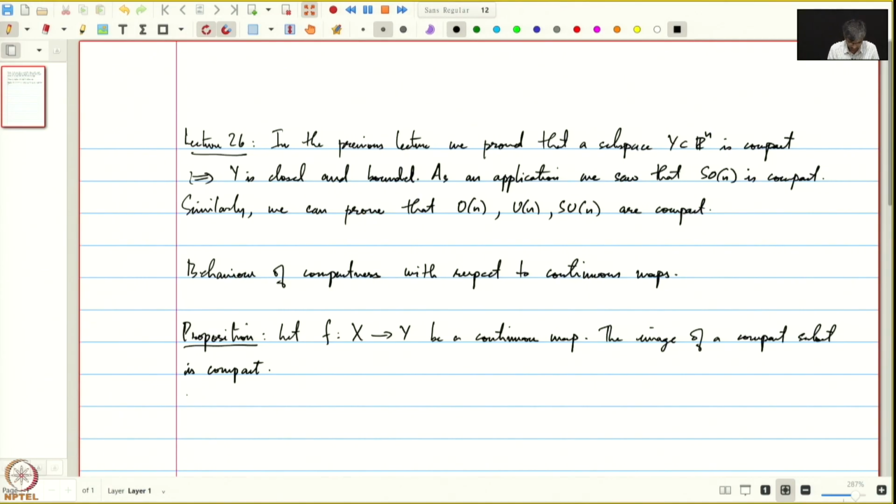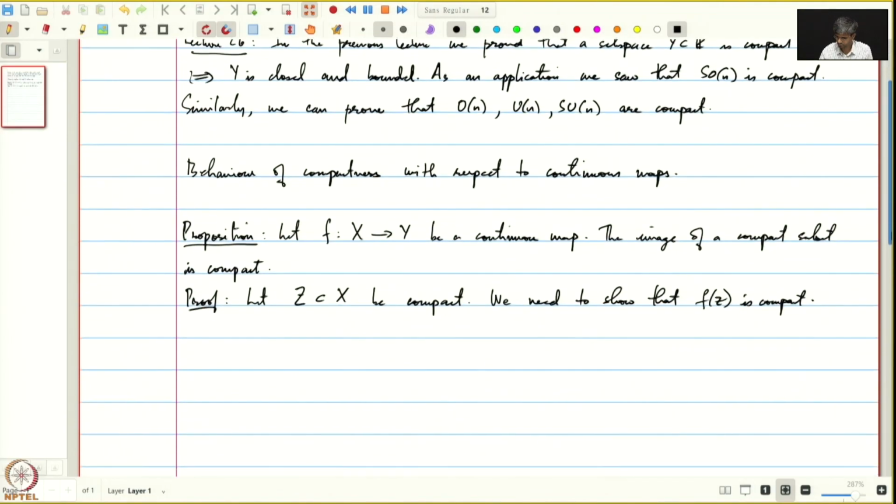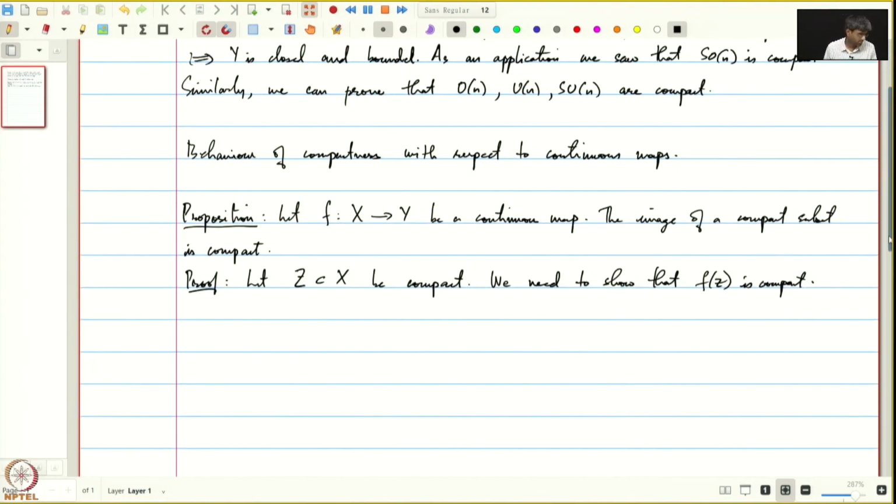Okay, so let's prove this. So let Z contained in X be compact. Then we need to show that f of Z is compact. So let me make a remark.